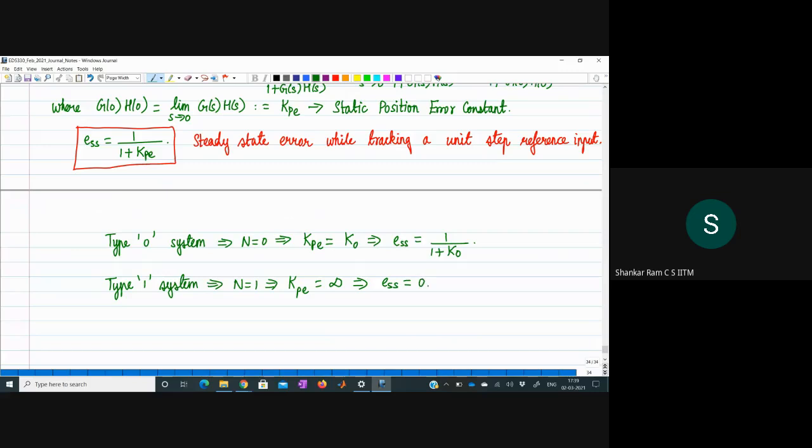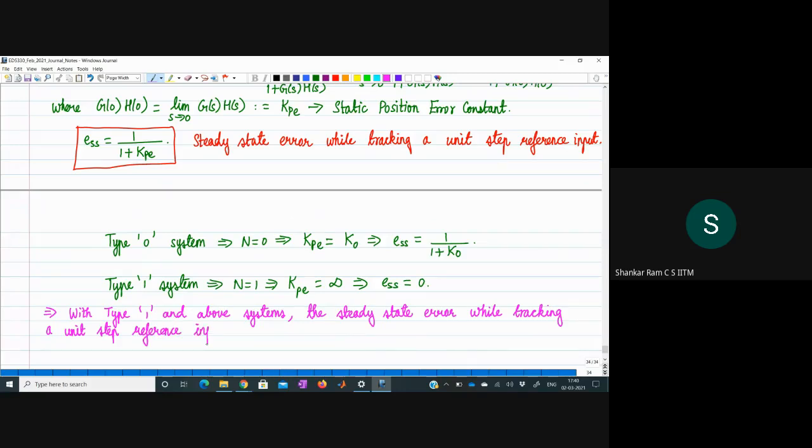This is a very important consequence. For type 1 and above systems, type 2, type 3, and so on, the steady state error while tracking a unit step reference input would be 0.